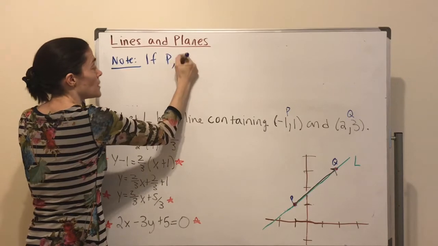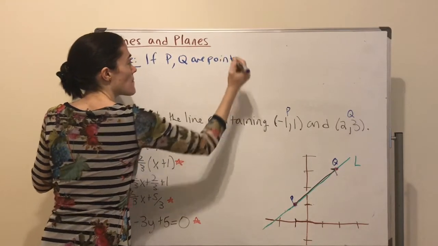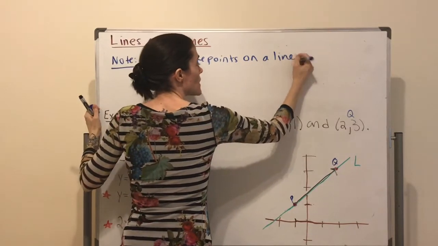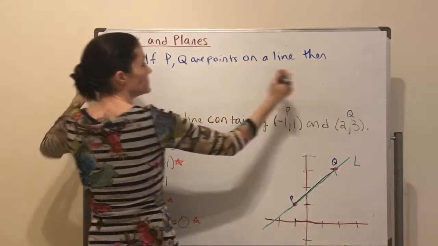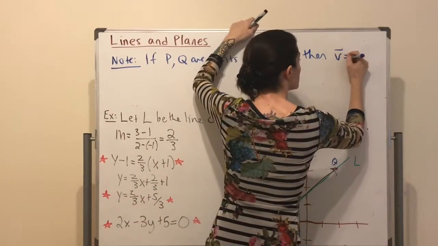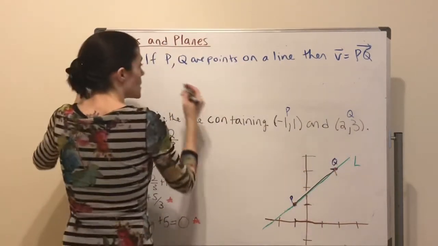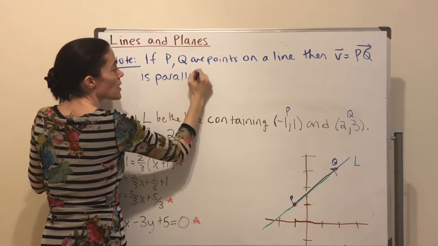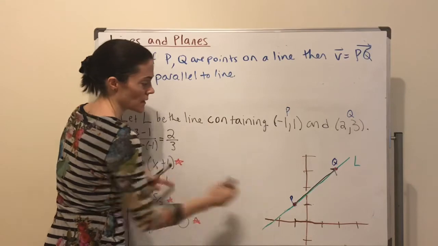If P, Q are points on a line, then this vector v here is parallel to the line. And this is what I have drawn below here. Here is PQ.